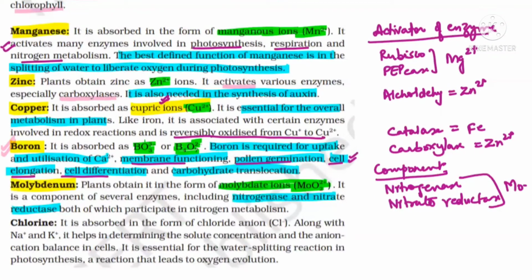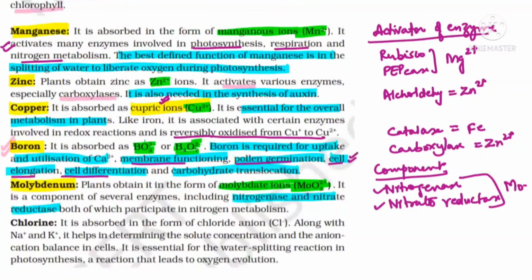Clear, beta? Nitrate reductase is the enzyme used to convert nitrate into ammonia. And nitrogenase is an enzyme which converts nitrogen into ammonia. You are going to study this in the nitrogen cycle. Please check my nitrogen cycle video to understand the difference between the two.